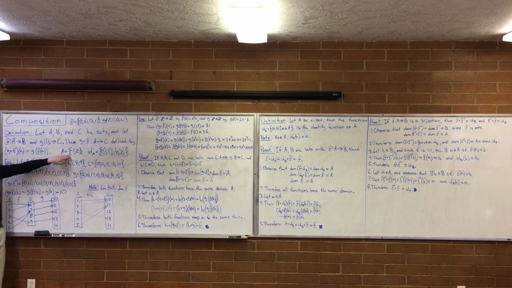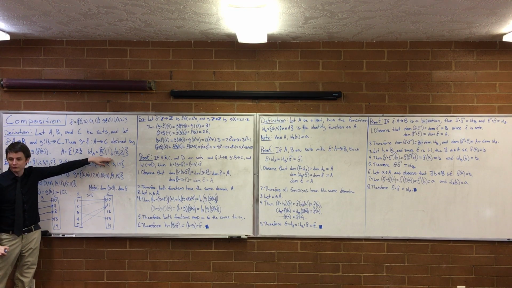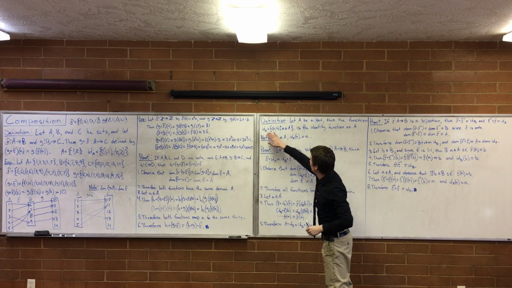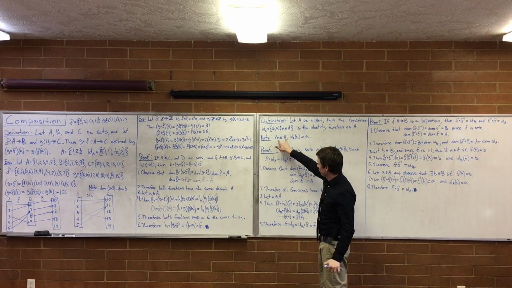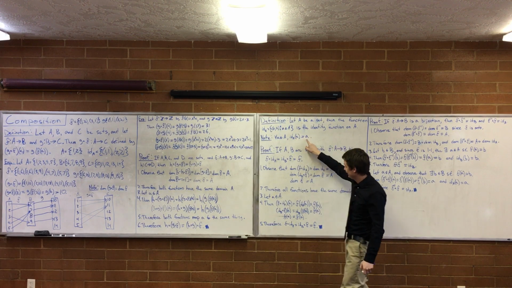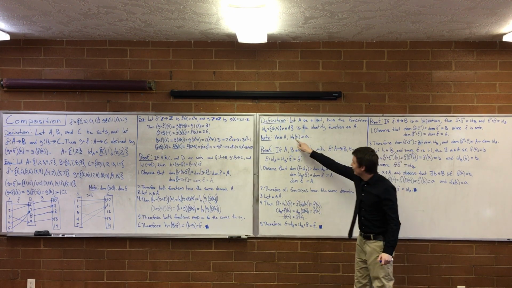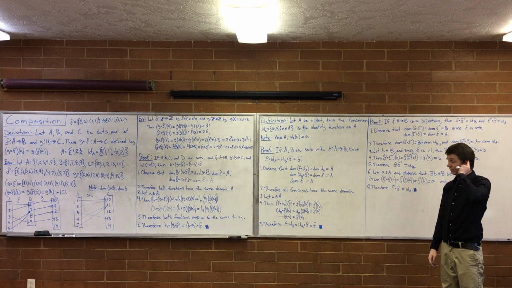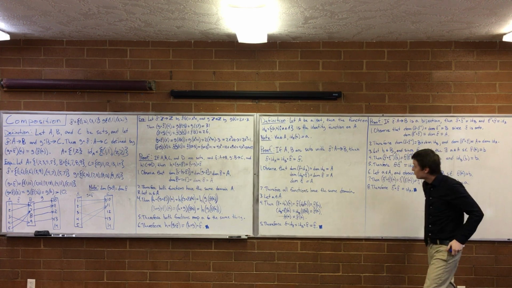So if this is A, then the identity on A means this. In other words, for all values of a, the identity on A of a is a. The identity on A of little a is little a. Does that make sense now? Okay, perfect.